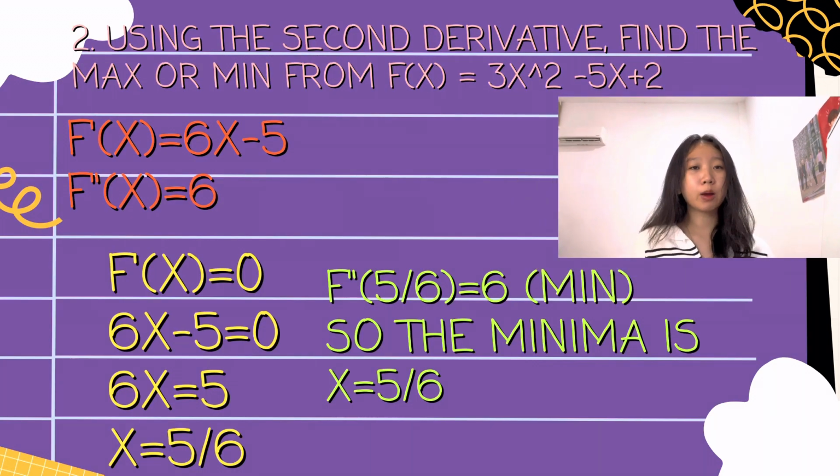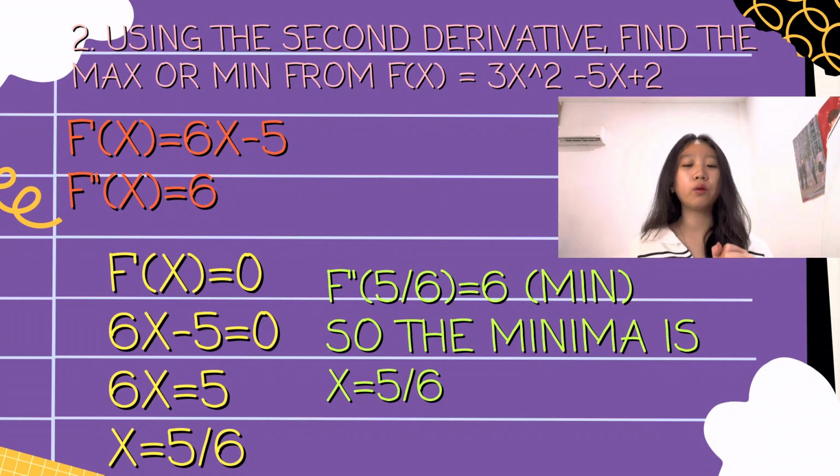For the second example, we have to determine the second derivatives of maximum and minimum from those functions. The way we do it is to differentiate f(x), so f'(x) is 6x minus 5. Then we find the second derivative, which is f''(x), or the derivative of f'(x), which is 6.